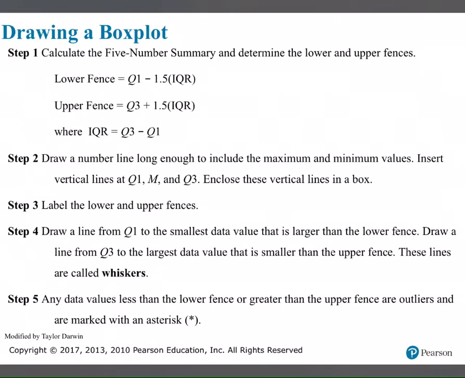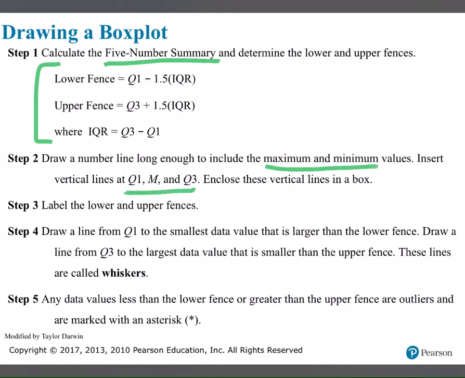Last thing we're going to talk about is drawing a box plot, and there are some steps. First step is to find the 5-number summary. Then find your fences. We talked about that. To find the fences, you also have to know what your IQR is. Then draw a number line large enough to include the max and min values.